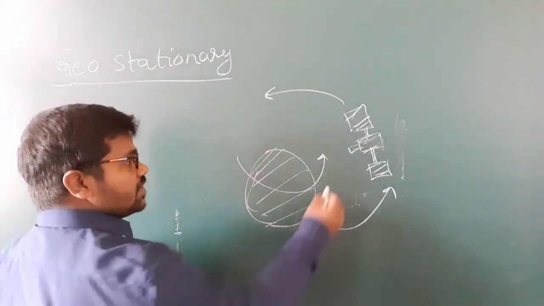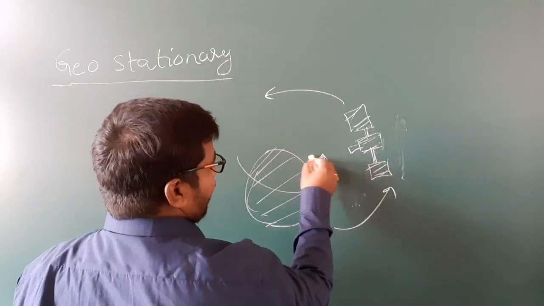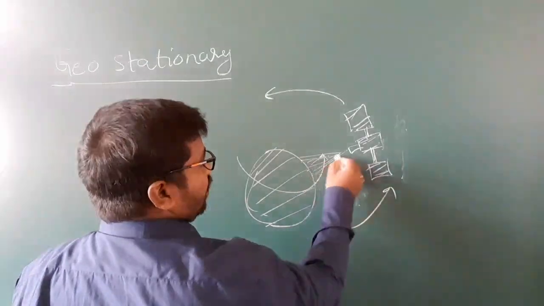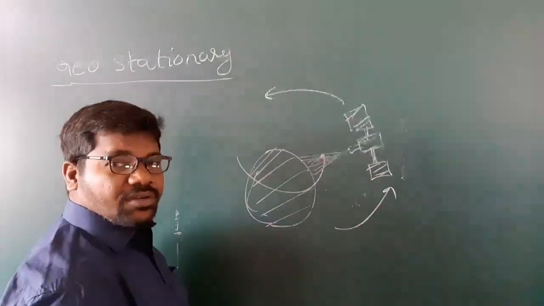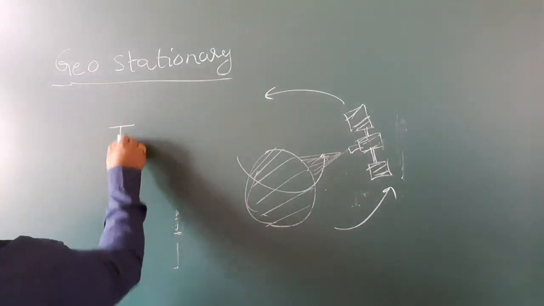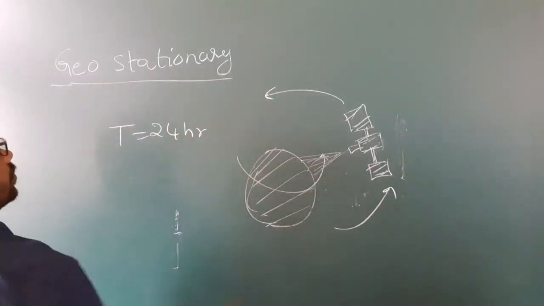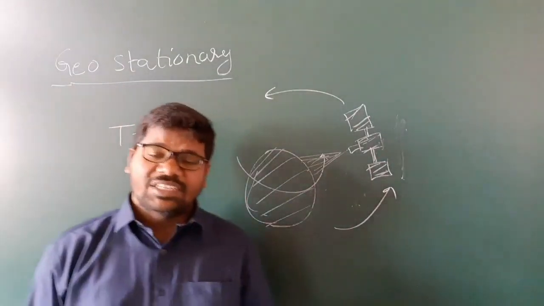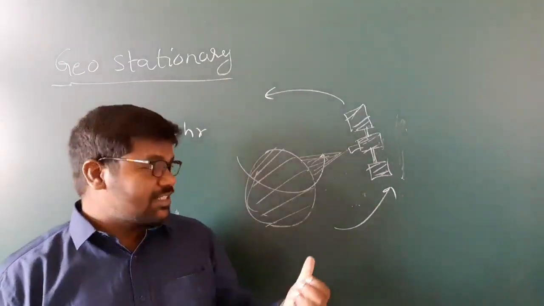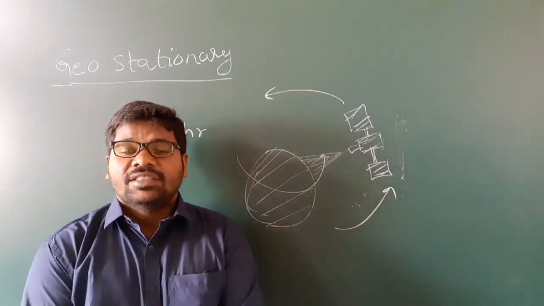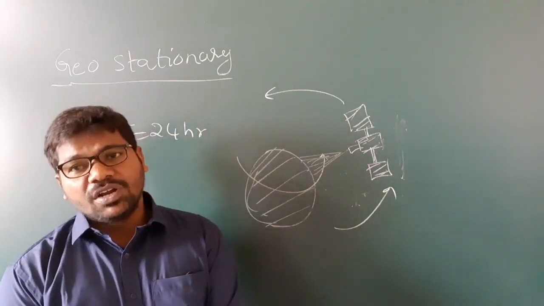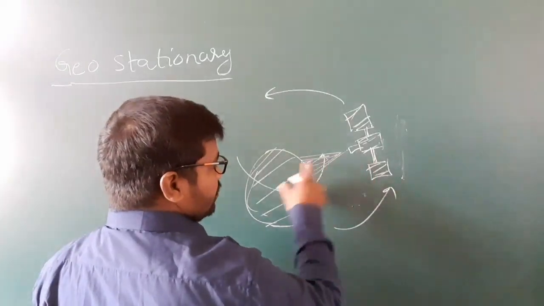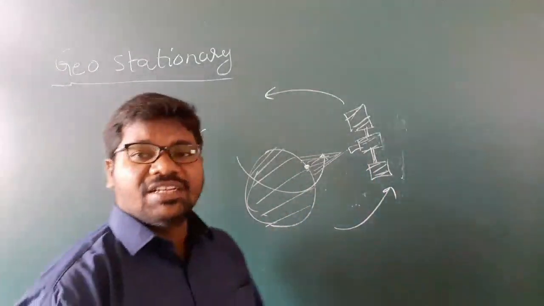It always focuses on one particular point, and the area covered by the satellite in every rotation is the same. The time period is 24 hours, because the rotation of the earth about its own axis takes 24 hours, and the time period of the satellite is also 24 hours. So, considering one point, these two are observed as stationary.